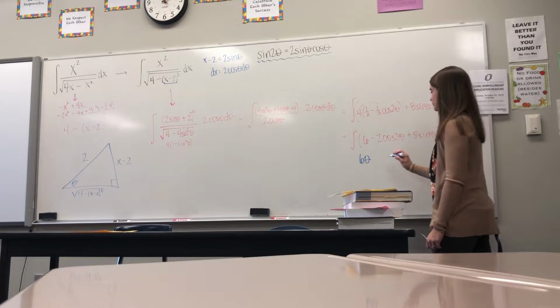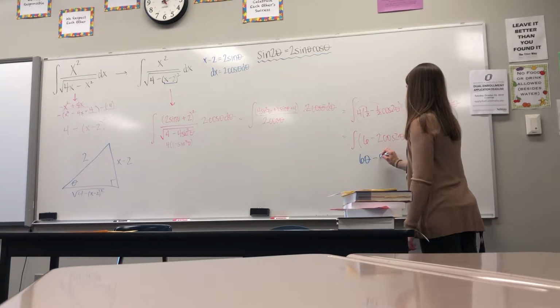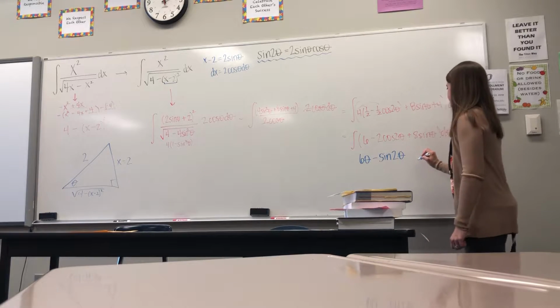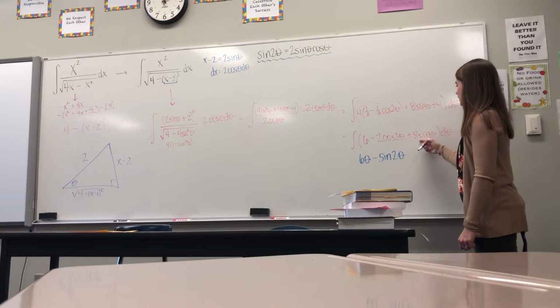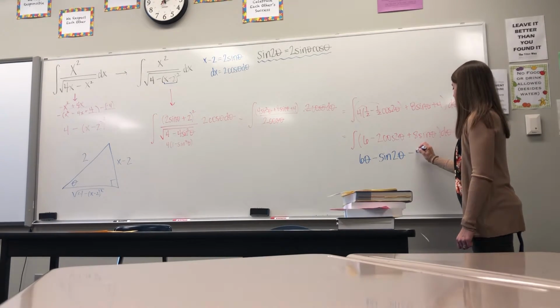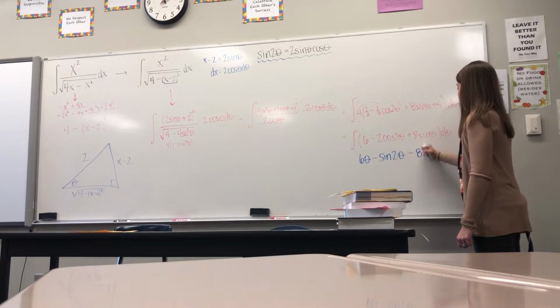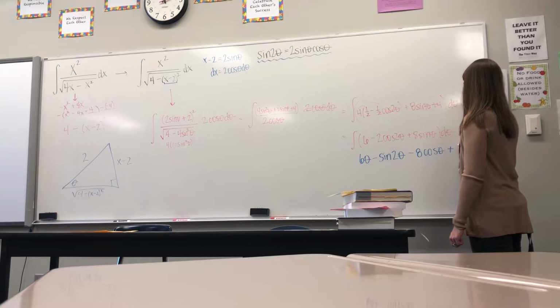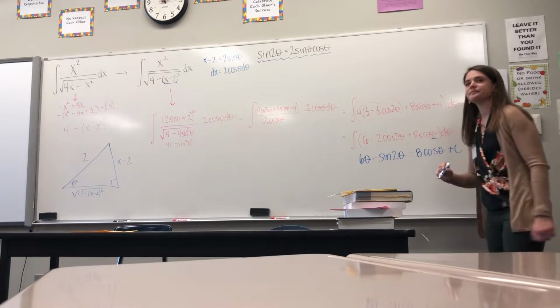That minus sine 2 theta. And then this, minus 4 cosine theta. Why does it stay as 8? Because there was no 2 in the middle, okay.